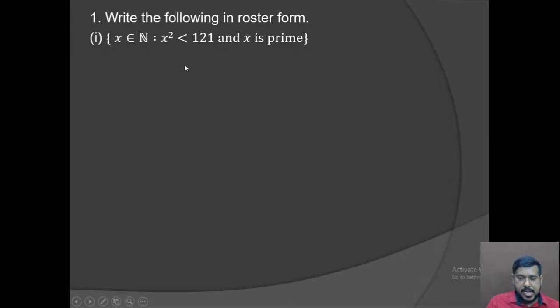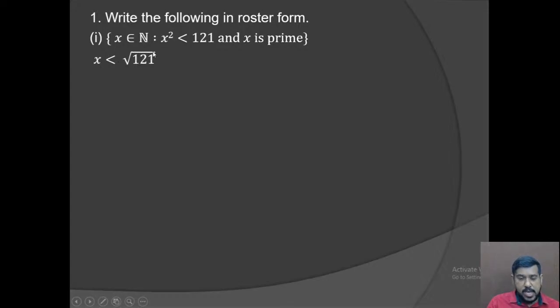So first we will take the first condition, which is x square is less than 121. So taking that x square is less than 121, when you bring the square to the right hand side, it becomes square root. Actually it is plus or minus root, but in the question it is asked that x is a natural number. Natural numbers start from 1, that means greater than 0, so there is no need of taking the negative root.